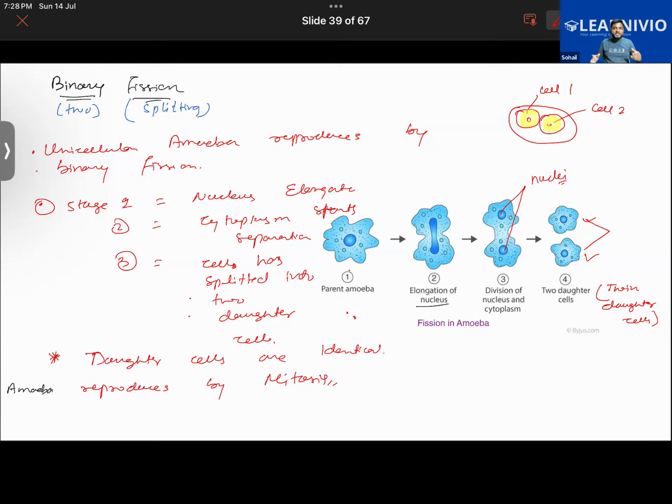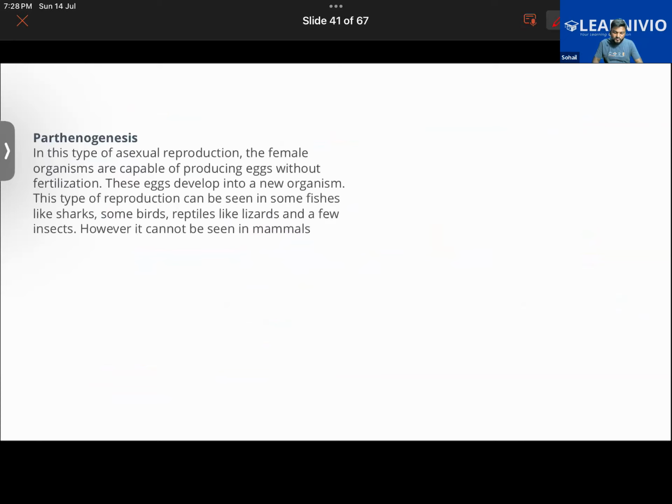So all the cells that are not involved in the production of sex cells would be doing mitosis division. This will be clear in a minute. Let us understand this further.